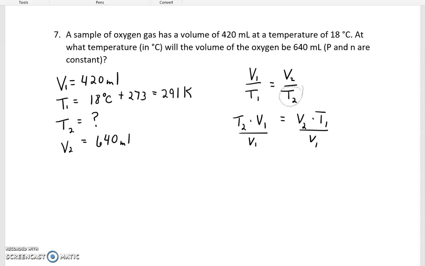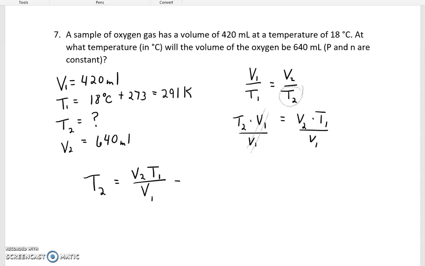So V1's on this side we'll get rid of, and T2 will now be by itself. I'm going to rewrite it over here. T2 is equal to V2 T1 over V1.